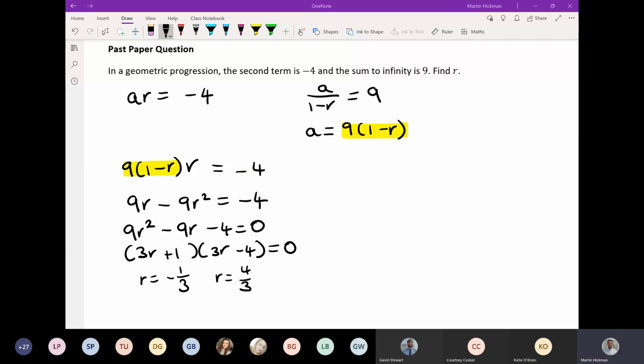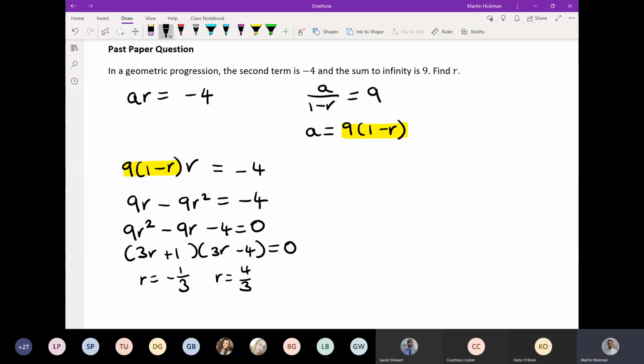Okay, James, you're saying it has to be minus a third. Why does it have to be minus a third? So Abby's saying, yeah, the 4/3 is bigger than 1. So you're right to say there, James. It has a sum to infinity, so the modulus of R has to be less than 1.